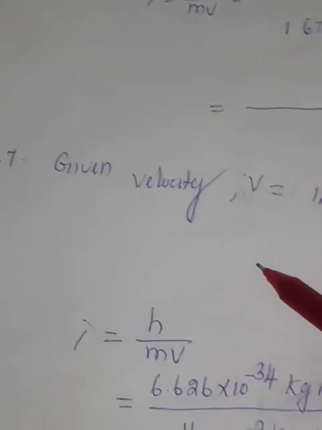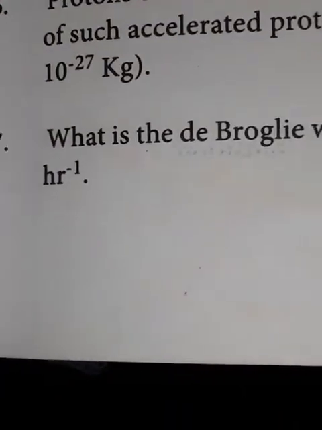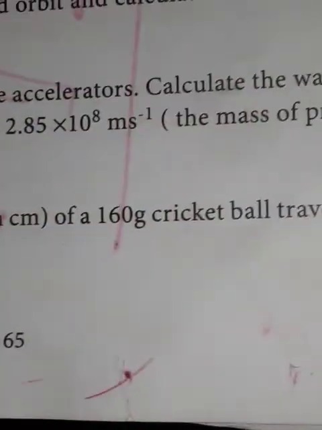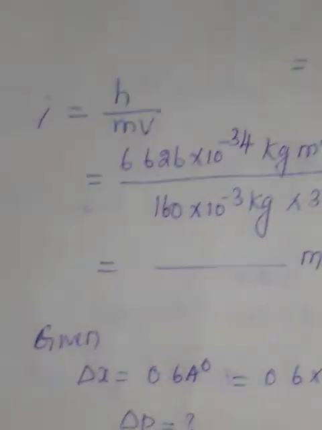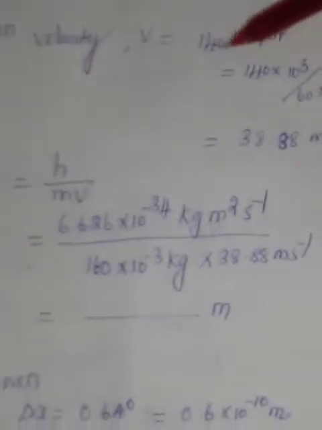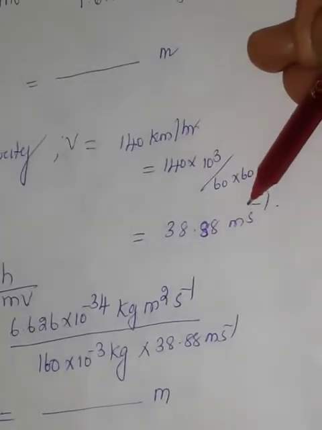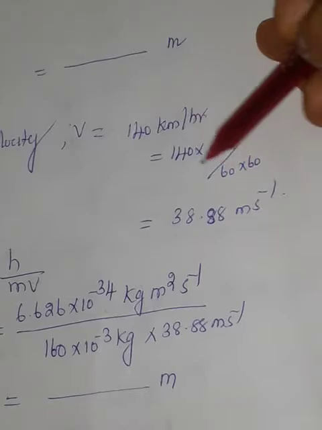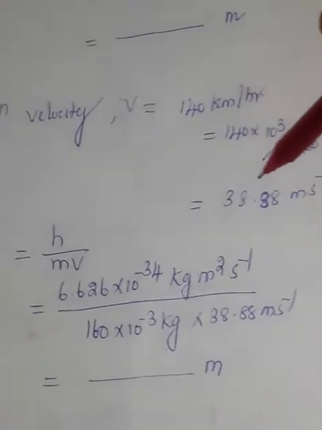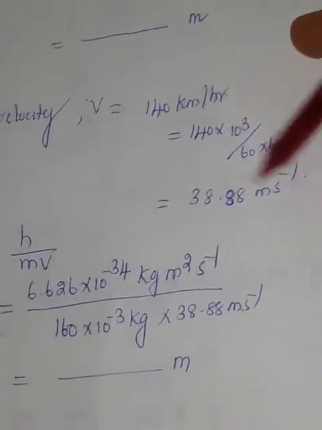Similarly, 47th question: what is the de Broglie wavelength of a 160 gram cricket ball? For that question, you first have to find the volume. Velocity is 38.88 meter per second.